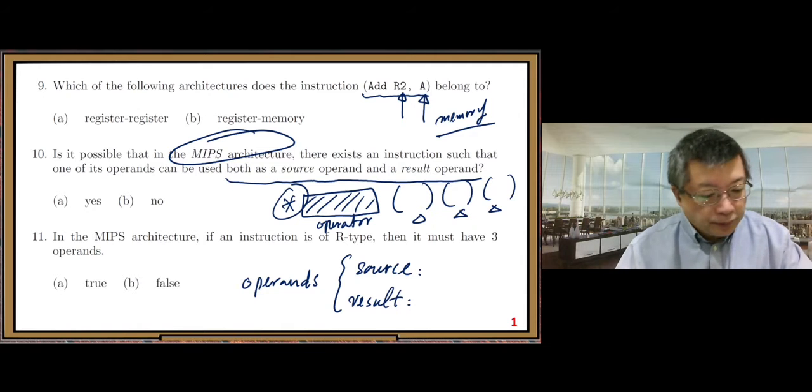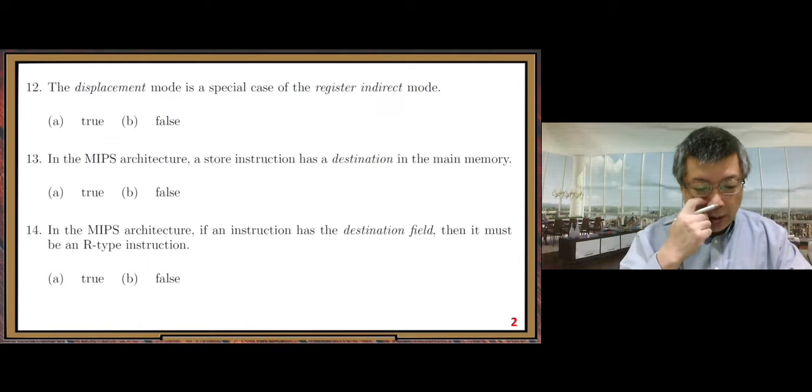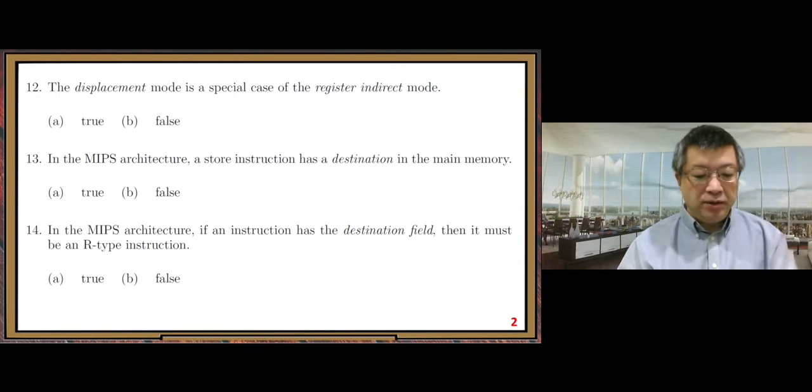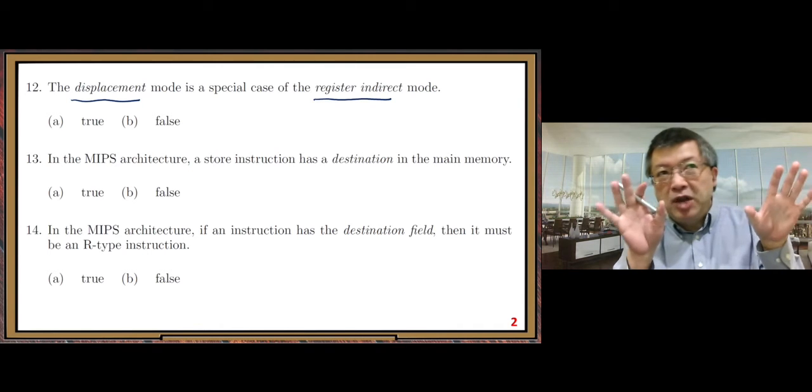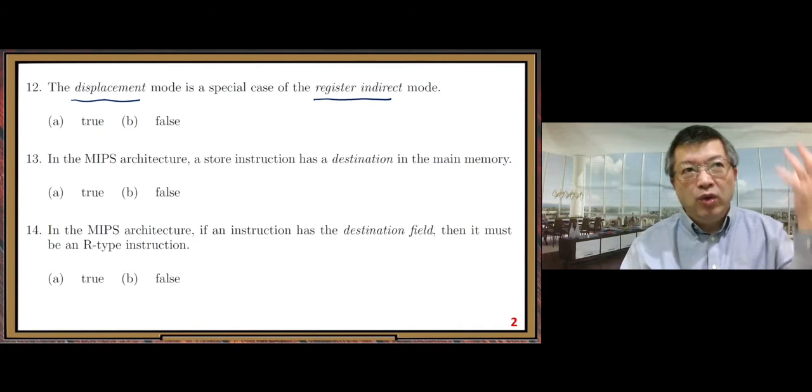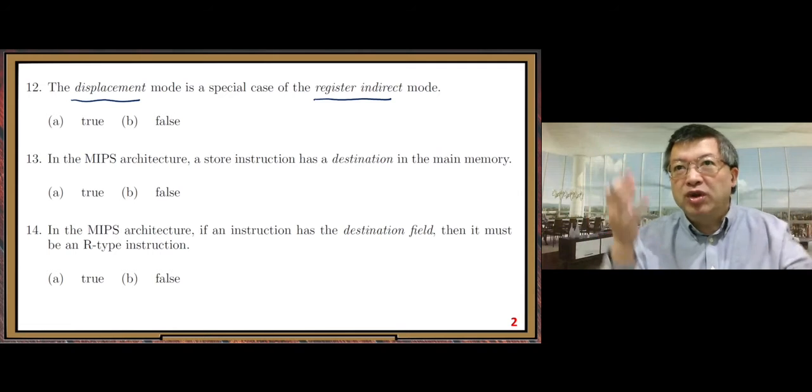All right. Next one, number 12. The displacement mode is a special case of the register direct mode. Look at this statement carefully. Which one is a special case of which one?